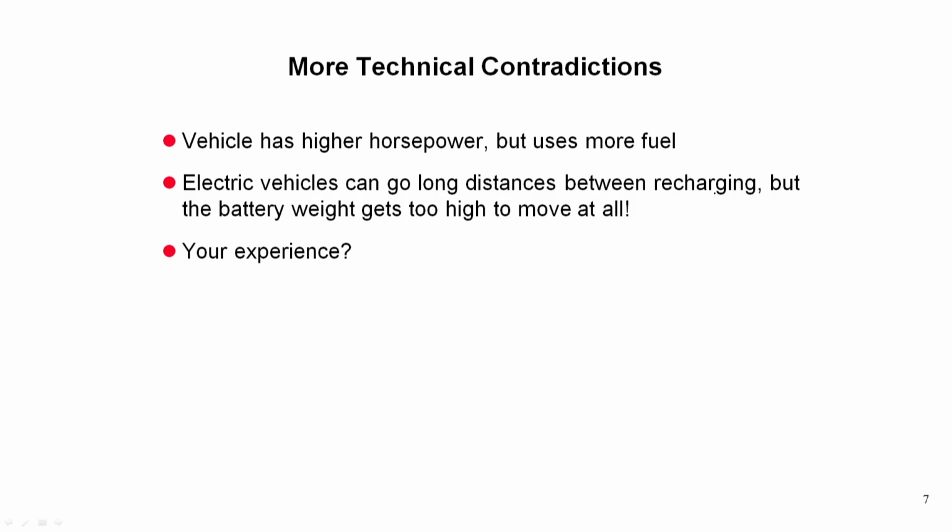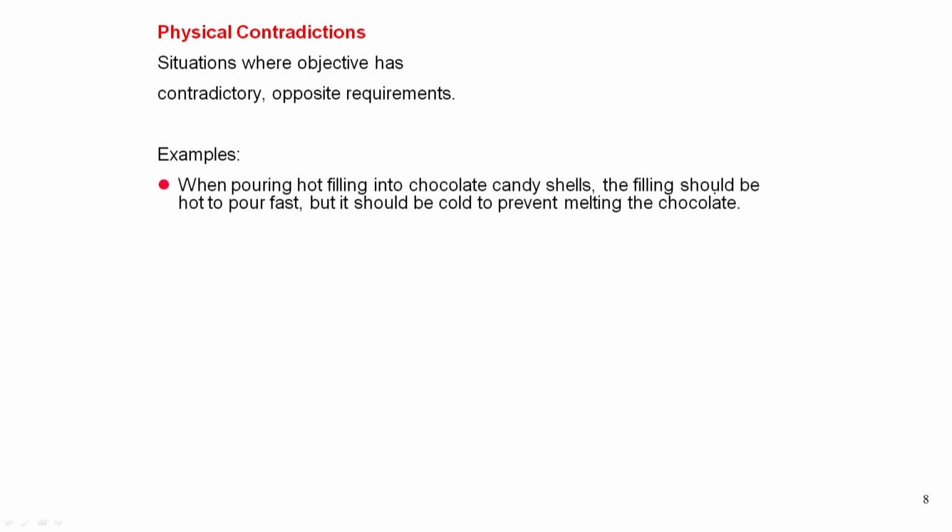And many other from your experience, as I will be talking about, please start to think of it, many other contradictions. Now, suppose you do not go into technical contradictions, at least you will be able to do the physical contradictions. Situations where the objective has contradictory, opposite requirements. I will give you some very simple examples.